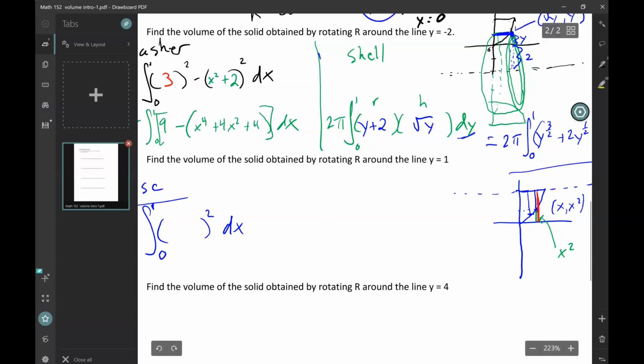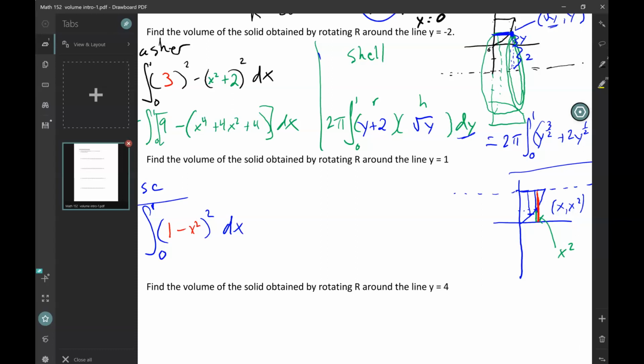So notice that the blue that we want plus the green equals the red. So to get the blue, we're going to do red minus green. So that would be, red is 1 and green is x squared. 1 minus x squared.